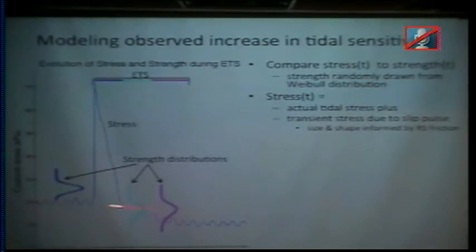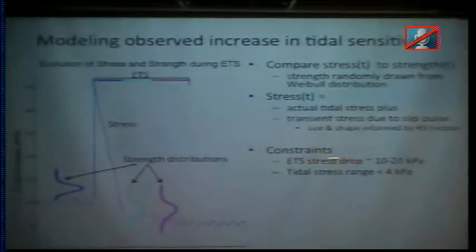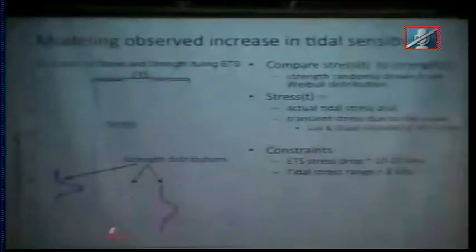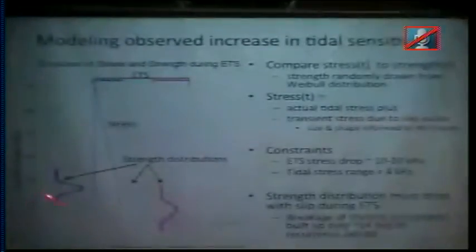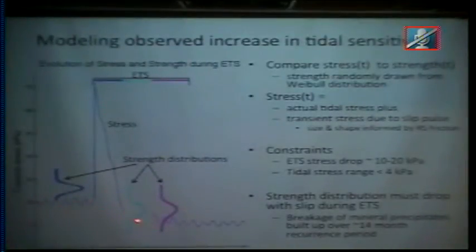So we start at a given spot on the fault, an average spot, at some stress, and we end at a stress drop, in this case, about 10 kilopascals less. I'd actually like it to be a little bit smaller. So we have this constraint on the ETS stress drop from geodesy, for example, geodetic modeling. We have the real tidal stresses and the range being rather small.